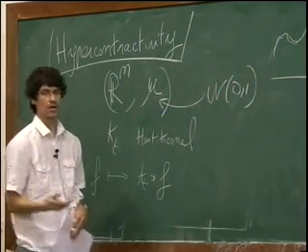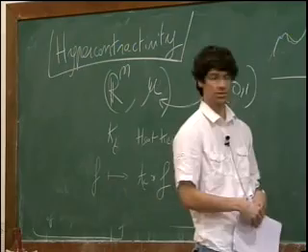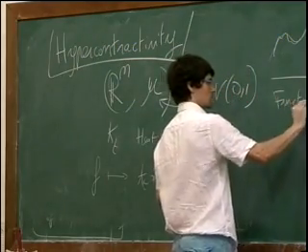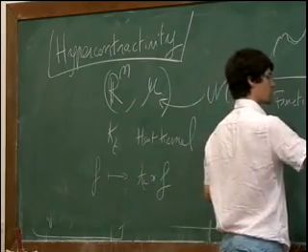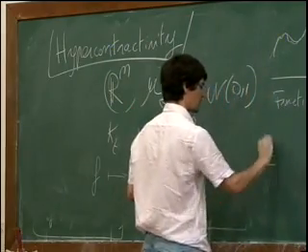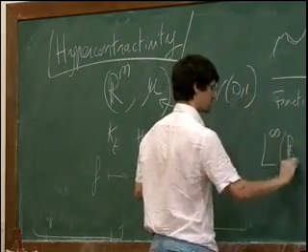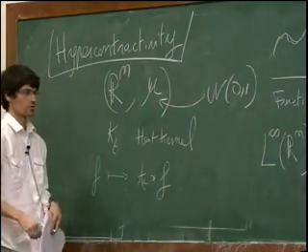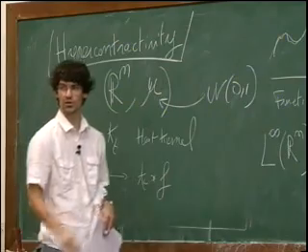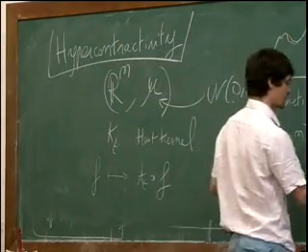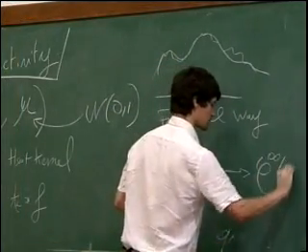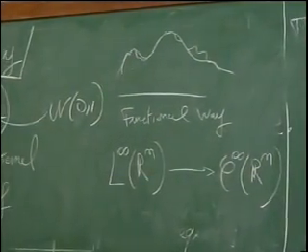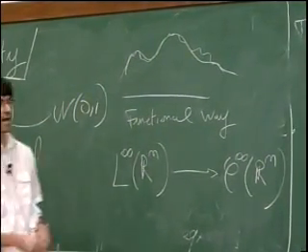There are several ways to think of this regularization. For example, a functional way would be as follows. If you think of L infinity of Rn, and you apply to it the heat kernel for a time t, you enter into smooth functions. So this is a way to think of this regularization.